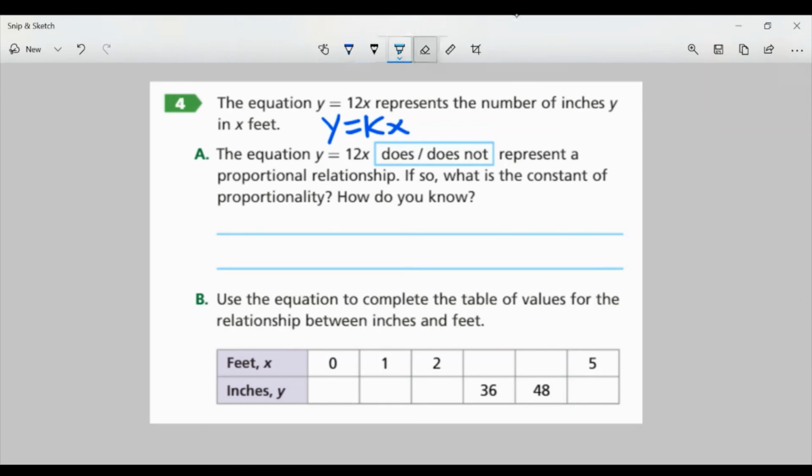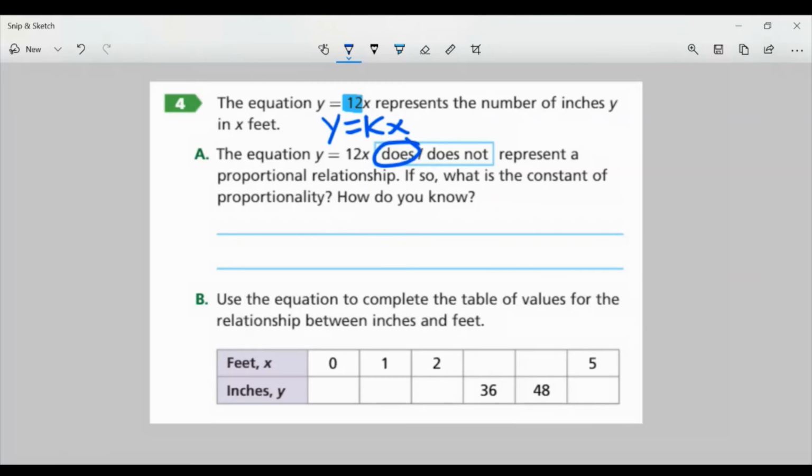In this case, this is almost the exact same thing. Instead of k, we have 12. So that means 12 is my constant of proportionality. So for part A, the equation y equals 12x does represent a proportional relationship. And it asks, if so, what is the constant of proportionality? And how do you know?